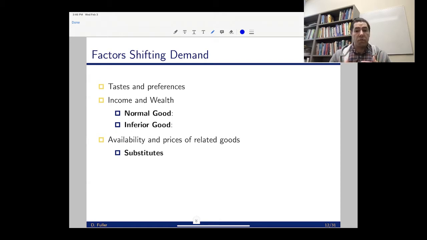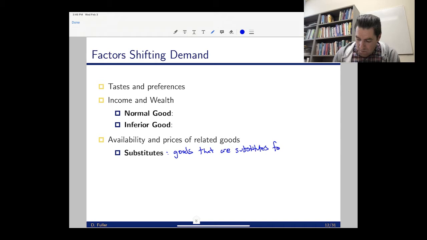So substitutes are goods that, sounds exactly like what it should be, are substitutes for each other. Right? So I'm going to buy one or the other, is the idea.